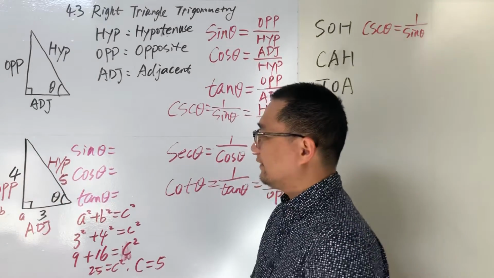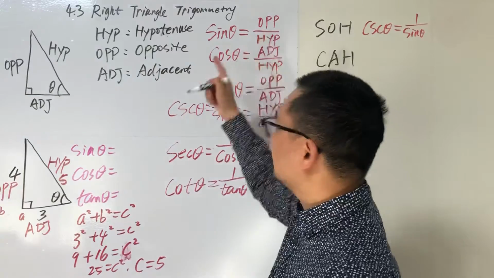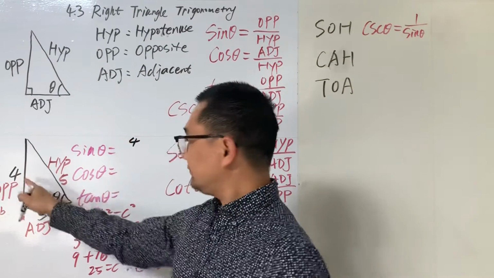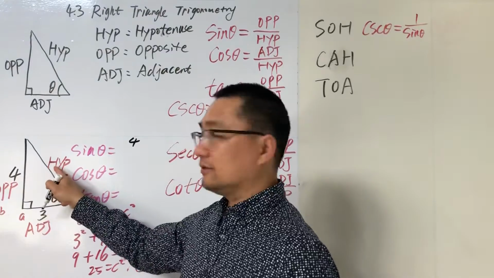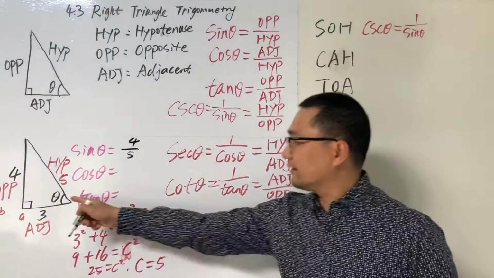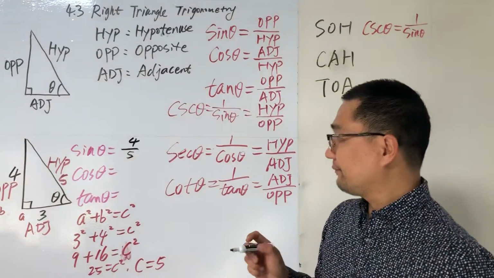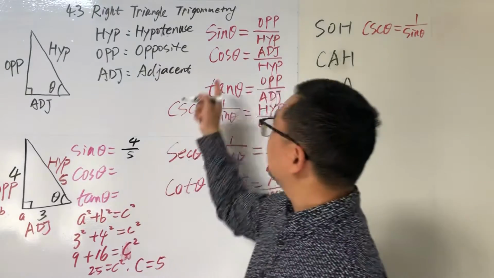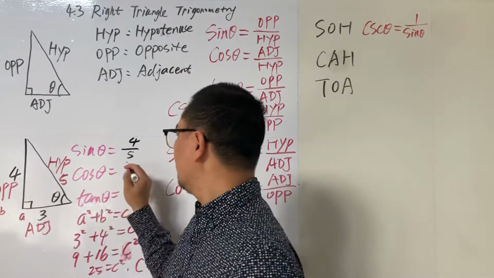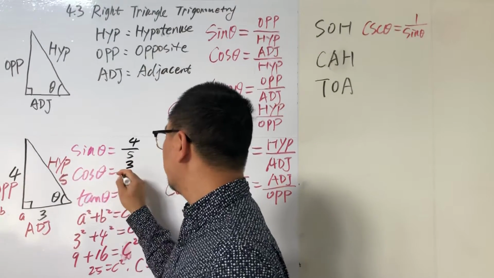So what is the value of sine? Based on this definition, sine is opposite, which is 4, over the hypotenuse, which is 5. So the value of sine of this angle theta is 4 over 5. Okay? And cosine is adjacent over hypotenuse. Adjacent is 3. The hypotenuse is 5.